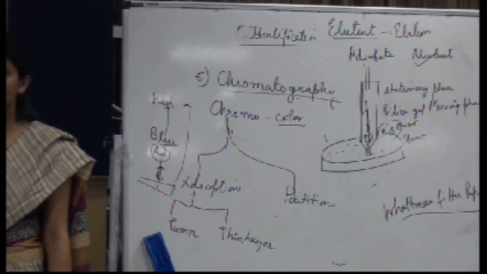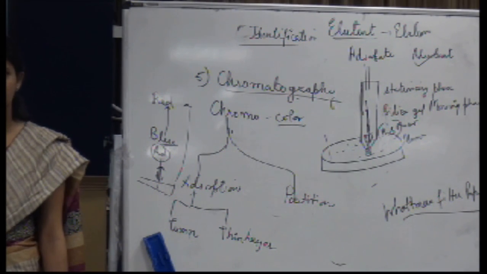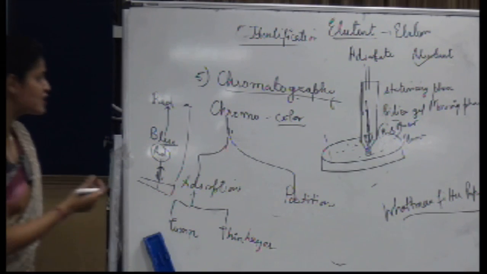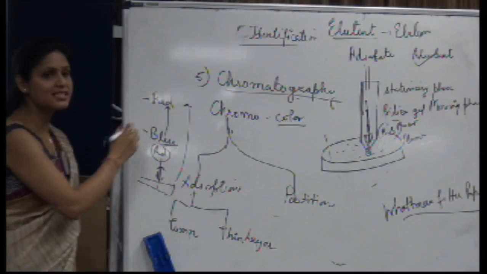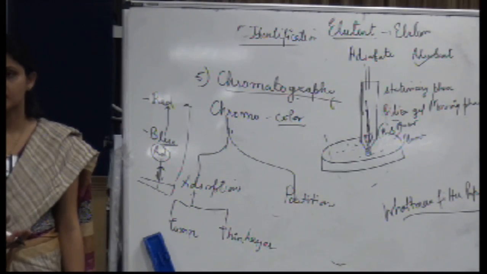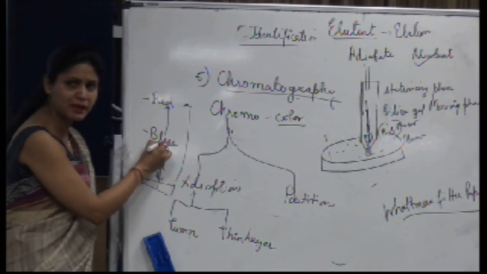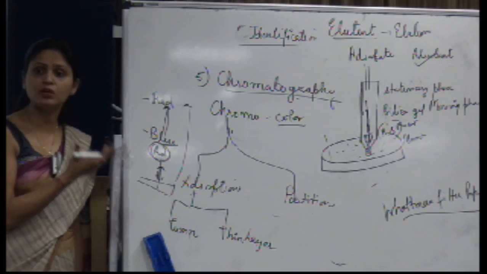What could be the reason? I just told you. Solubility, because water has different solubility with blue and red ink, and also the blue and red ink have differential adsorption capacity to the adsorbent. That means if I am saying that blue is still here and red is travelling, that means red has lesser affinity to the adsorbent.